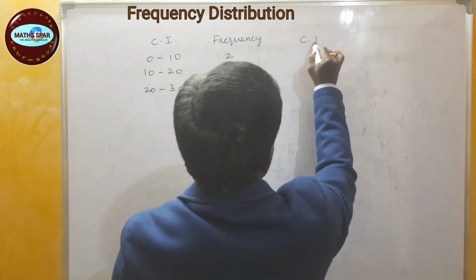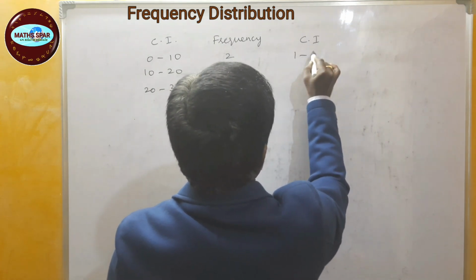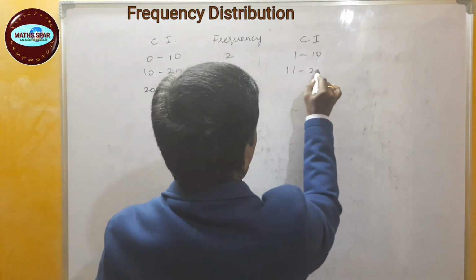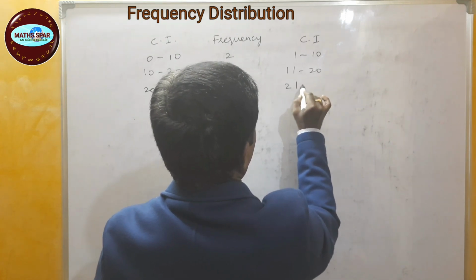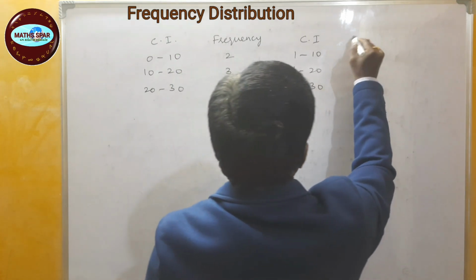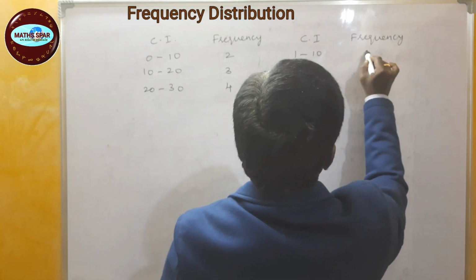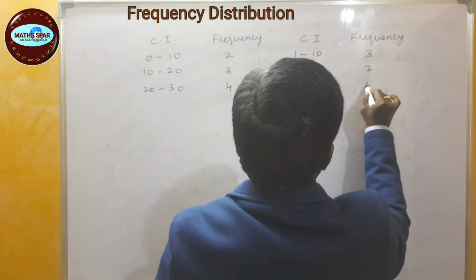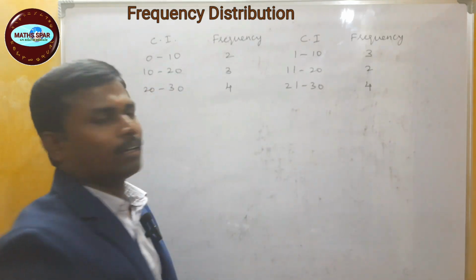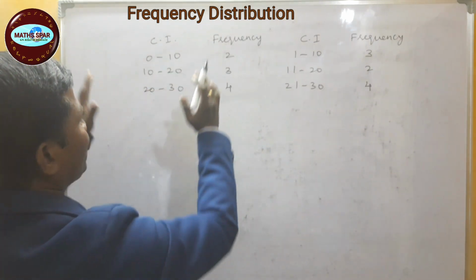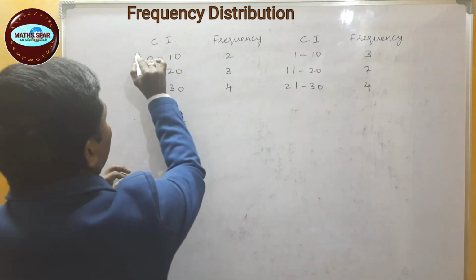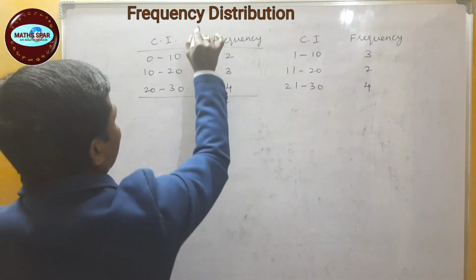Then in inclusive form, that is 1 to 10, 11 to 20, 21 to 30, the frequencies are given as 3, 2, 4.